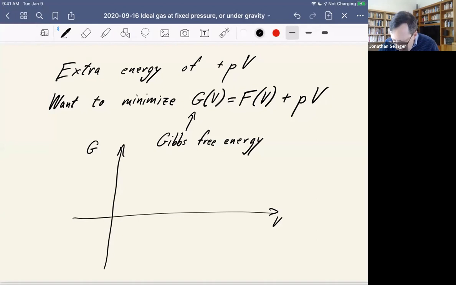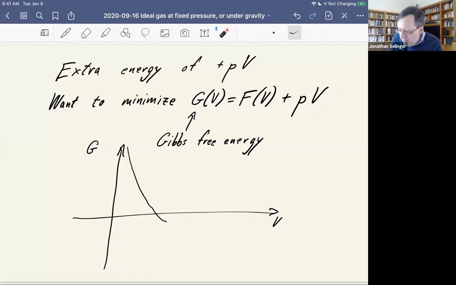At small volumes, this pressure volume term is very small, so it's going to be the same thing as the free energy. So it starts off going down like that. At large volumes, the pressure volume term, the PV, is going to be really big.